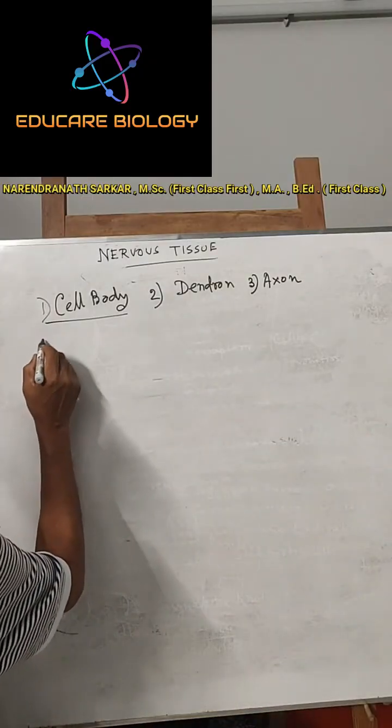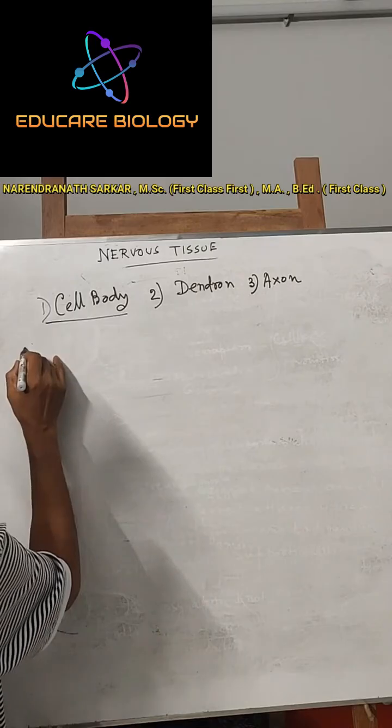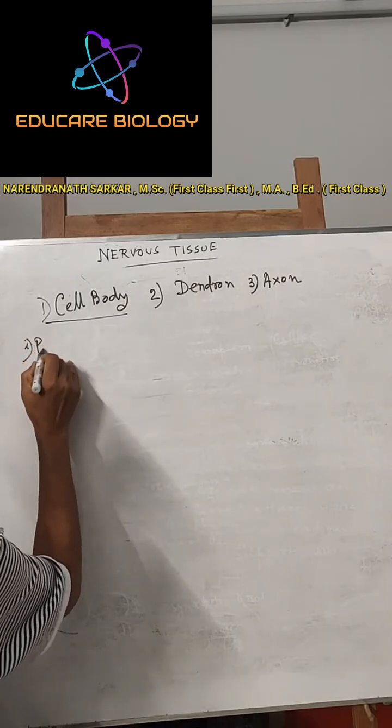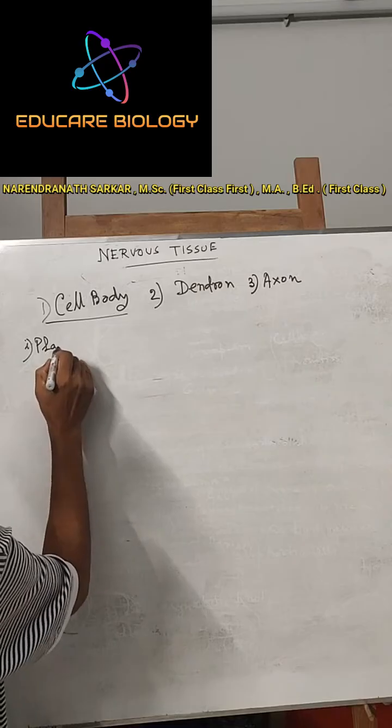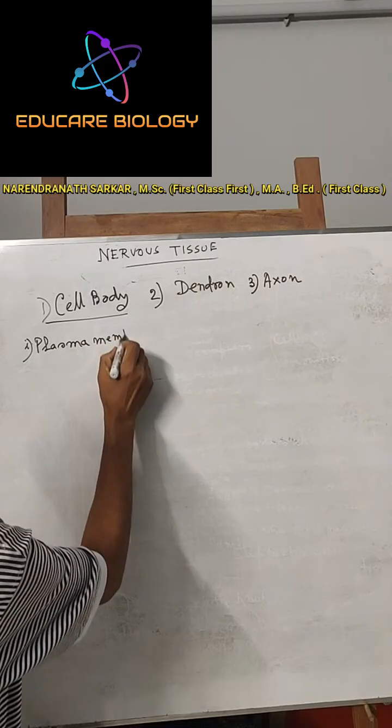In the cell body there is present: one, plasma membrane.